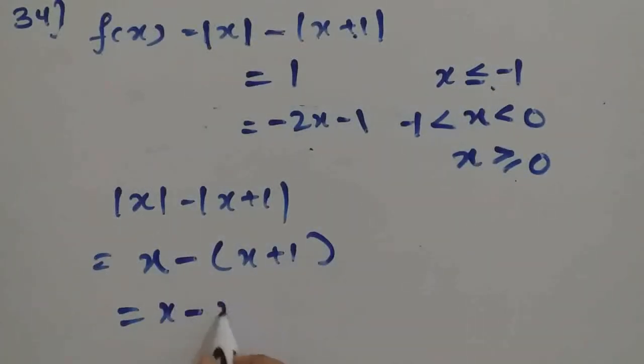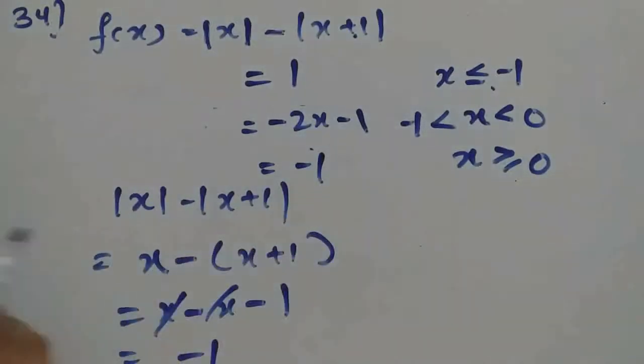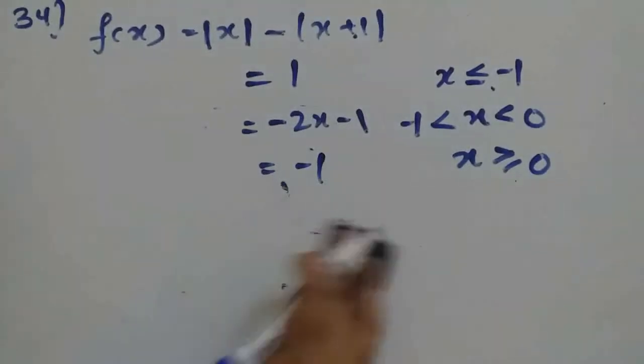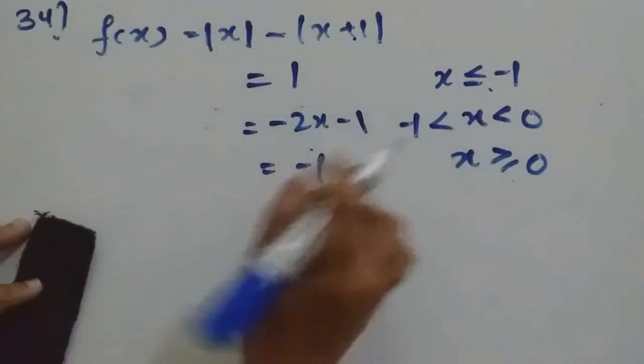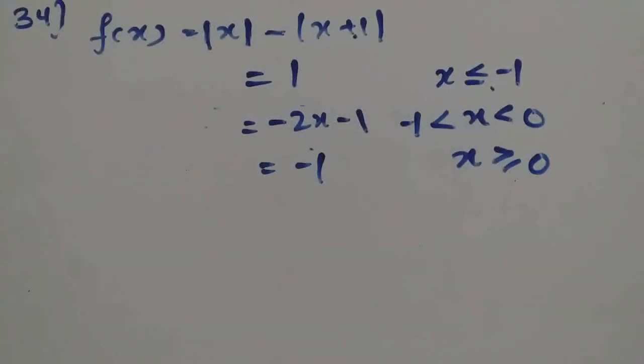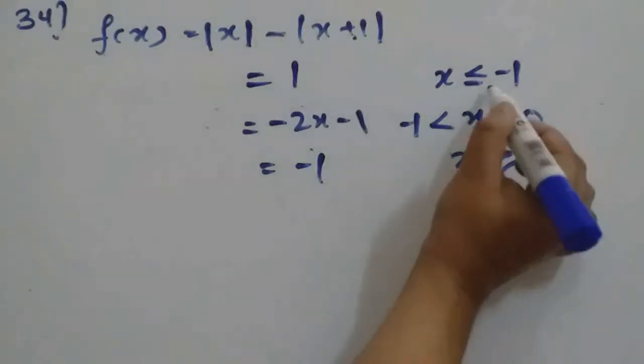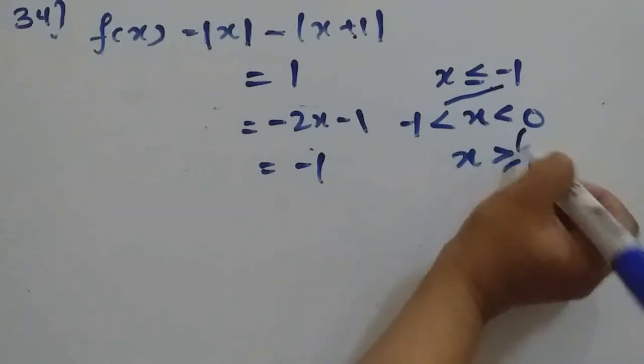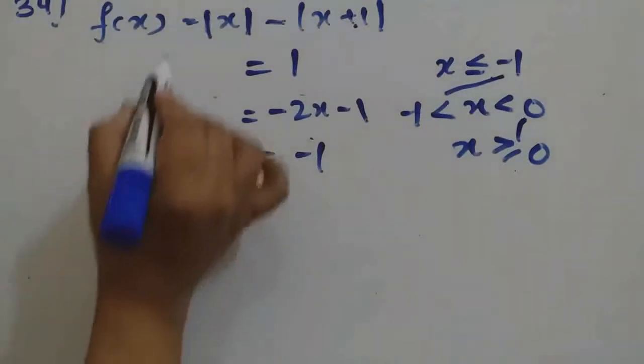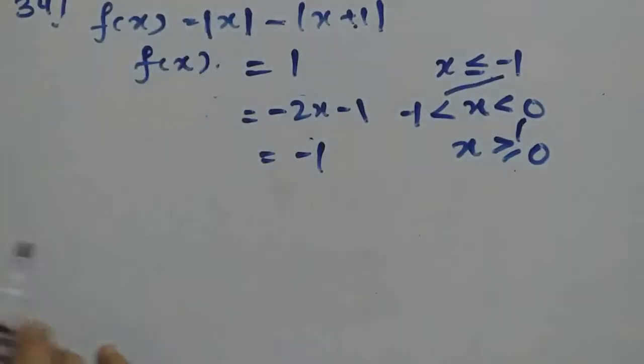So x minus x plus 1, x will go, and the answer is minus 1. Now we have redefined our function in these intervals. Now we'll check the continuity at x equal to minus 1 and at x equal to 0. This is our new redefined function.